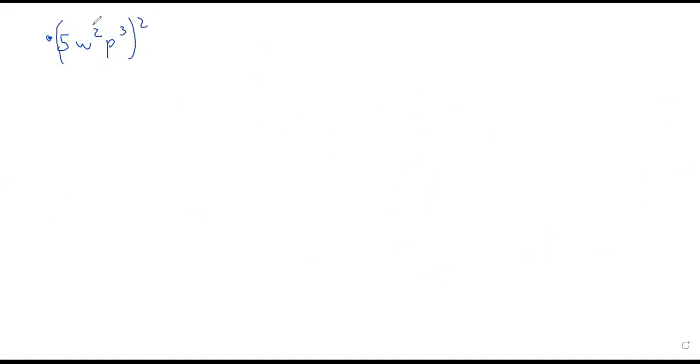Again, this 2 goes for everything inside. That is 5 squared. W, 2 times 2 is 4. B, 3 times 3 is 6. 5 squared is equal to 5 times 5. Gives me 25. W to the 4, B to the 6.